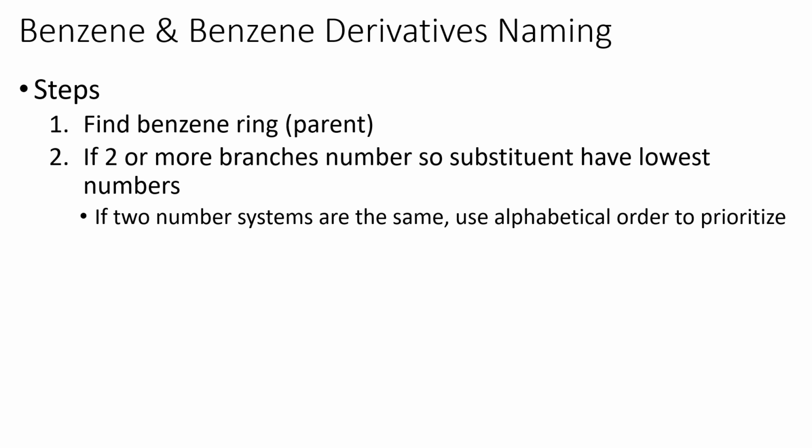Once again, if it doesn't matter which direction we go, to the left or to the right, we use the alphabet to prioritize. So the first one that comes in the alphabet would be the one to get the lowest number. We are then going to name all of it as one word. So nothing really changes with our nomenclature when it comes to benzene. We would name it as we would any other cyclic compound. What changes is the parent becomes benzene.